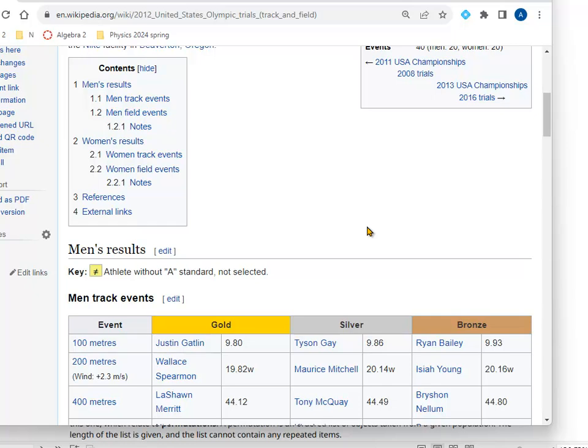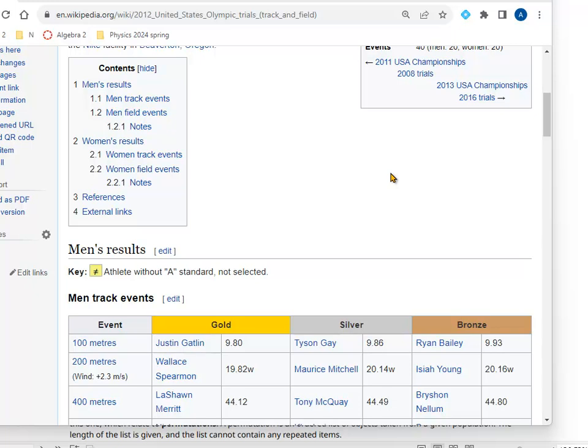So for the trials to get to the Olympics, it doesn't matter how you place in the top 3, it just matters that you place in the top 3. So a combination would be here, 3 out of 8 for the combination. So quite a bit fewer different ways on how to arrange them.